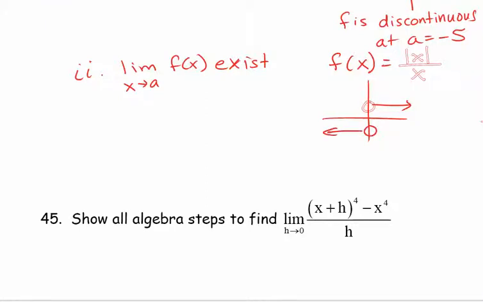All right, so we have this jump discontinuity. So our function f is discontinuous at x equals 0 because the limit does not exist.